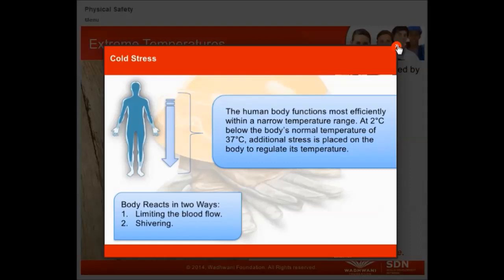Warm blood from different parts of the body is sent to the body core to maintain the temperature of vital organs. Shivering. This activity temporarily increases the body temperature. Cold stress also leads to decrease in body fluids and makes the body susceptible to cold injuries like hypothermia.